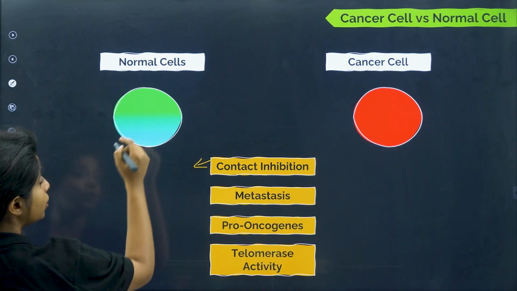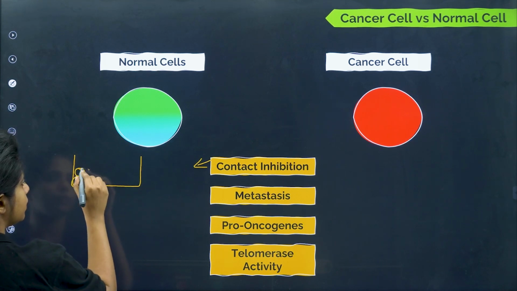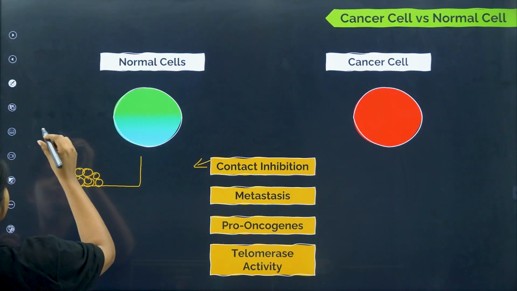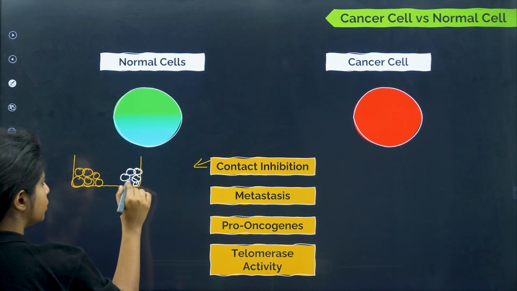So, if I put a normal cell or maybe a bunch of normal cells over here and ask them to divide, what happens is they keep on dividing and it's all good.